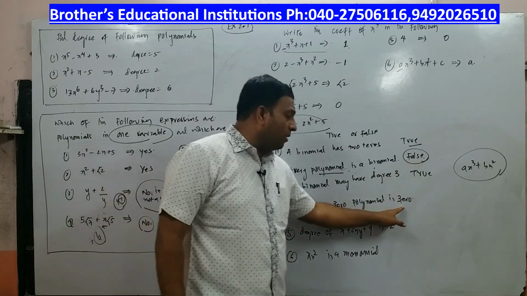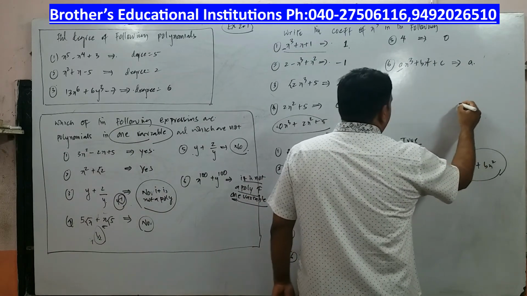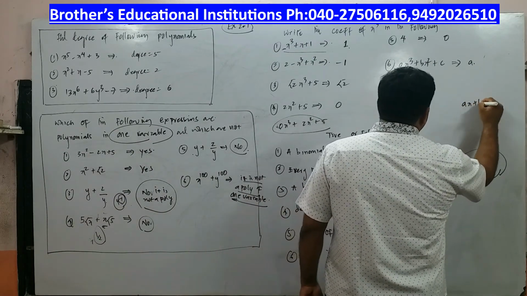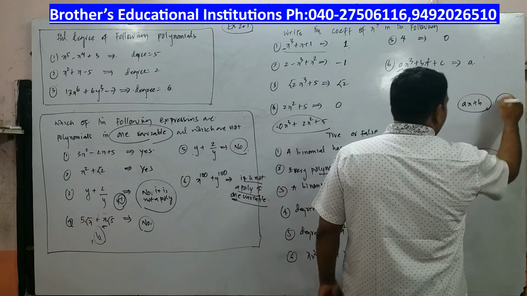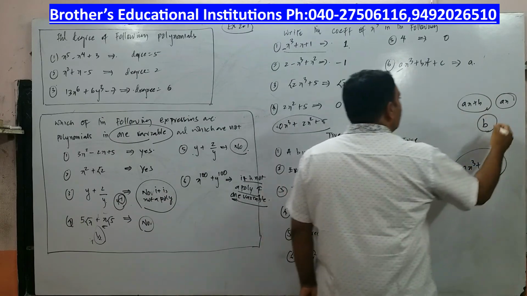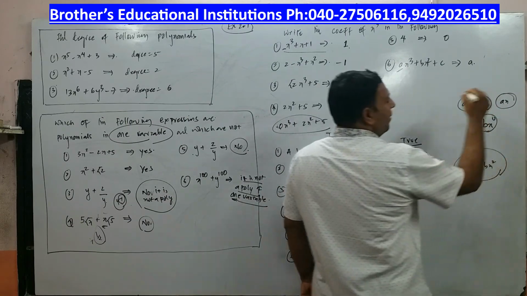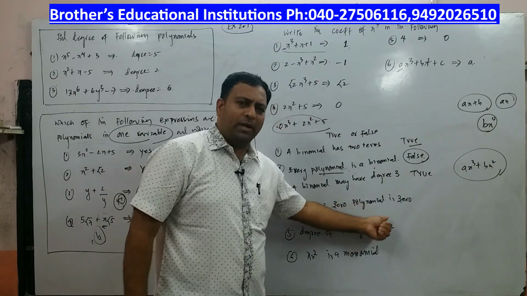Degree of 0 polynomial is 0. Now this is very, very tricky here. See, if I write ax plus b, it's a linear polynomial. But if I write ax, it is a monomial. If I write just b, is it a polynomial? Yes, it is a polynomial because the variable is attached and the power of the variable is 0. But the degree of 0 polynomial is 0 is wrong.